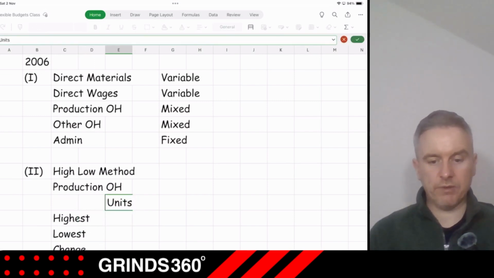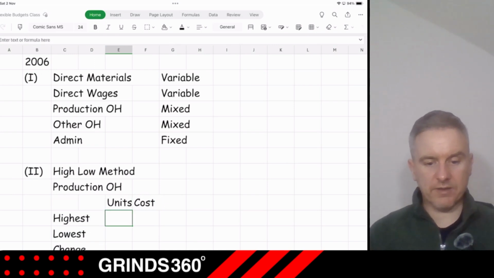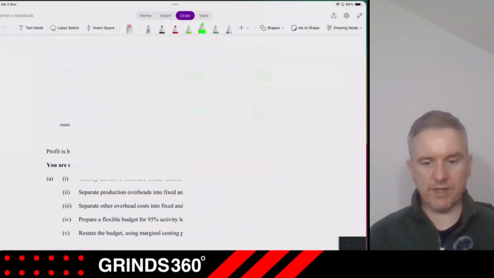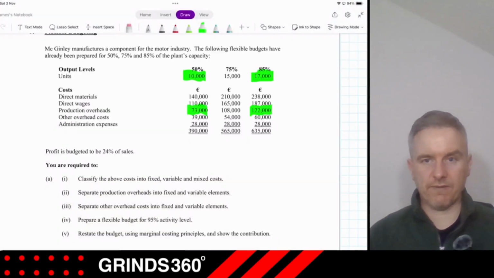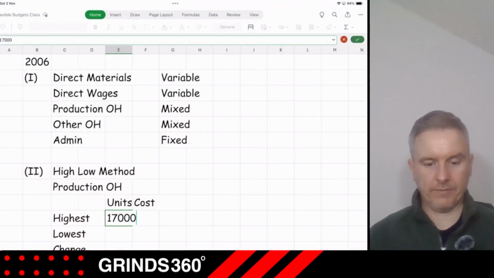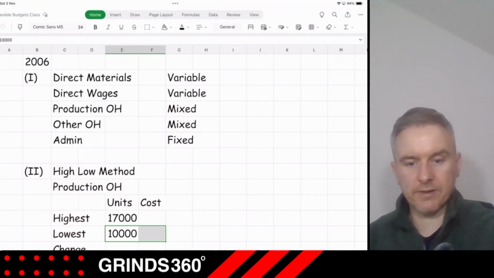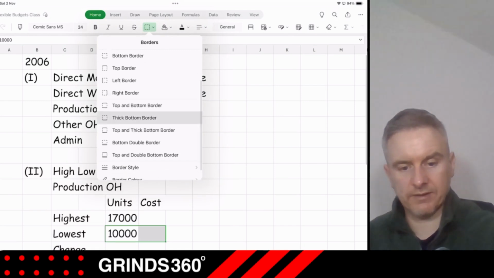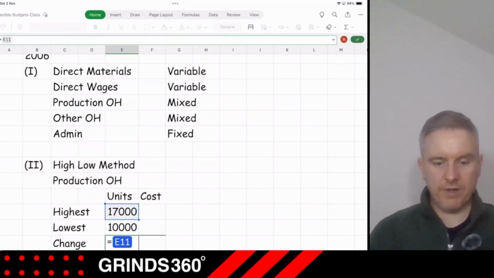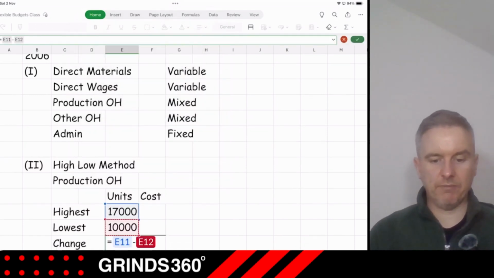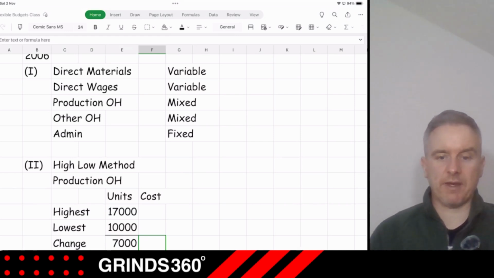We're going to put in the units and we're going to put in the cost associated with it. So the highest number of units, go back to your question, take your highest number of units, 17. Lowest number of units, 10,000. And all we're doing is getting the difference between those two. So we're saying 17 minus 10, so there's a difference of 7,000 units.